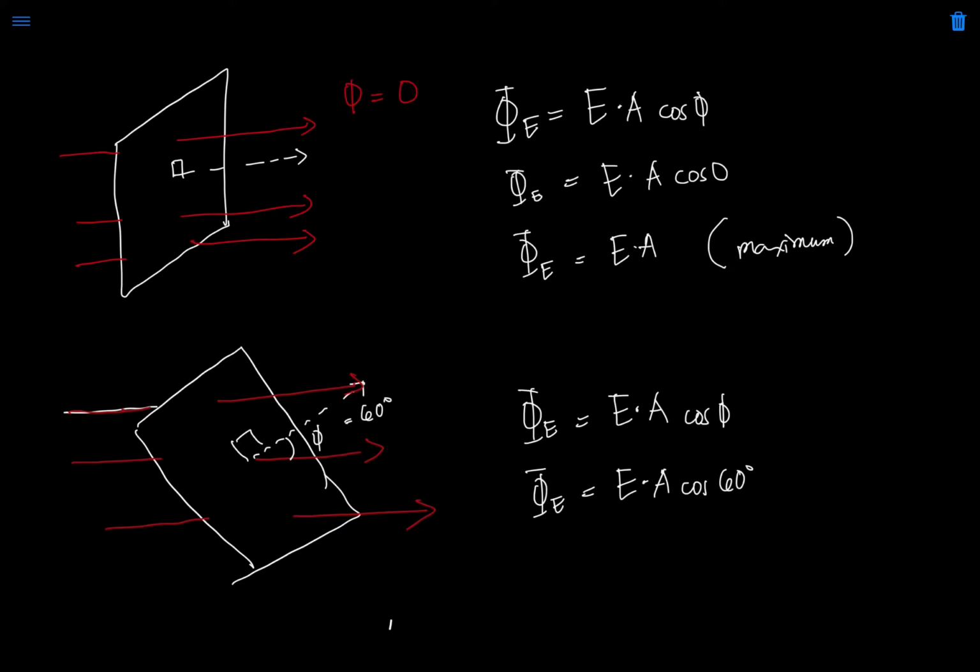Now, what if we change again the orientation of this surface? So let's say that we have this surface this way. Let's locate again the normal line. Again, the normal line is a line that is perpendicular to the surface. So here is the surface, and a line that is perpendicular to it is the normal line. So the broken line here is the normal line. Again, let's not change the orientation of the electric field.